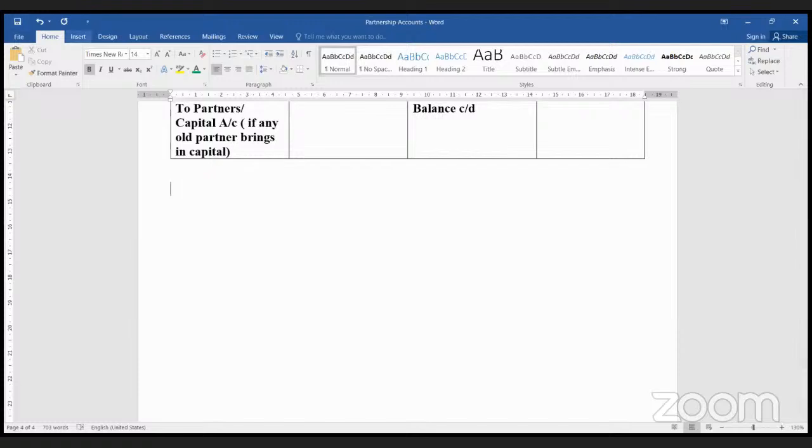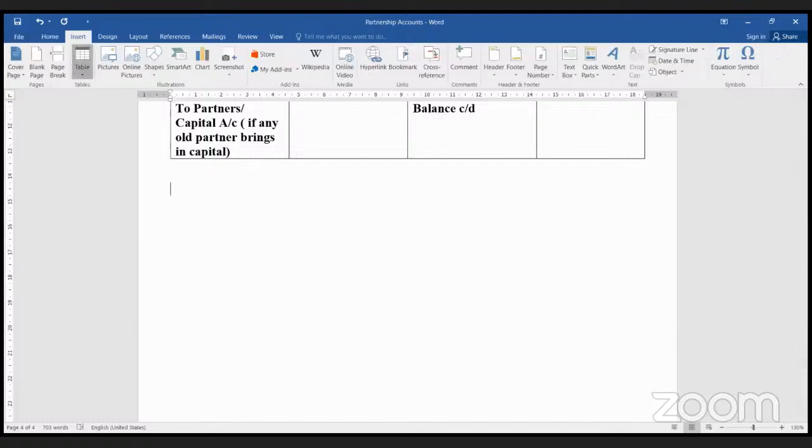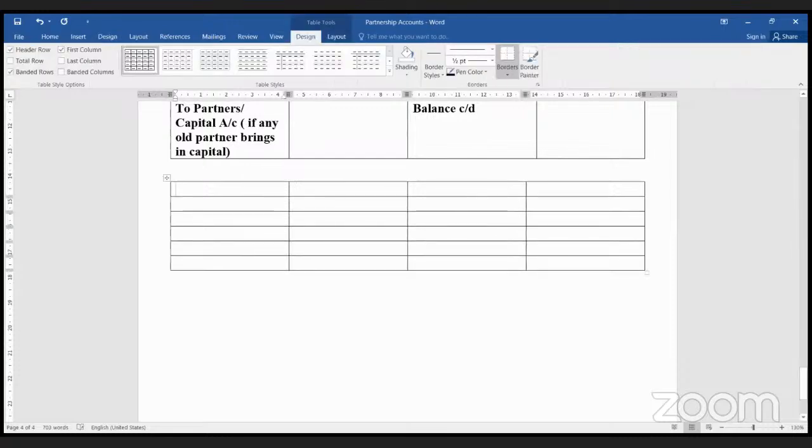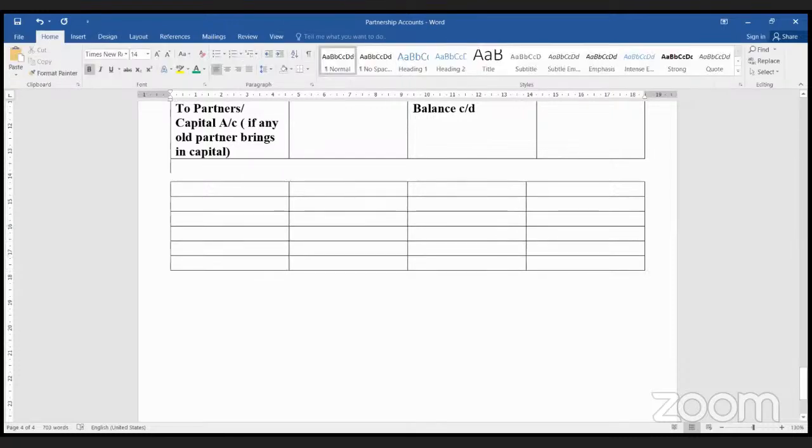New balance sheet. You want the new balance sheet?